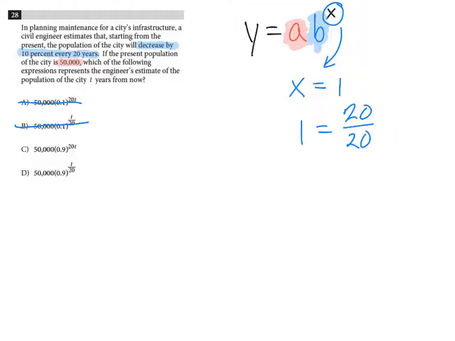The number of years is going to have to be divided by the number of years it takes for one cycle of this decrease to happen. So this exponent needs to be number of years divided by 20. Okay, so we're going to have D as our solution.